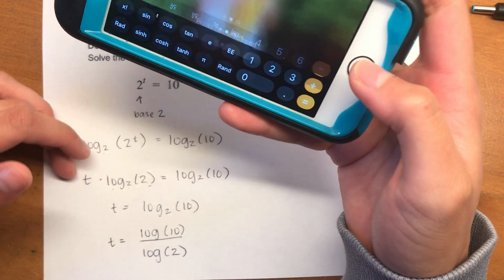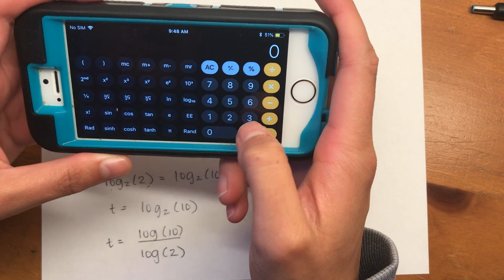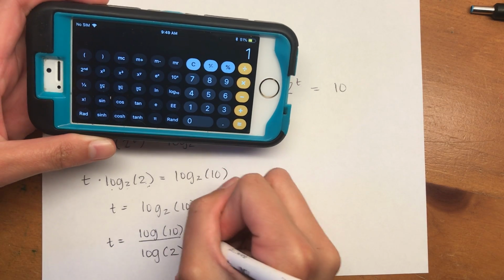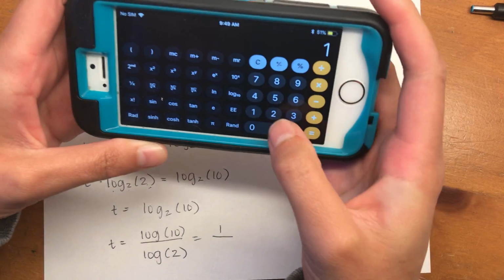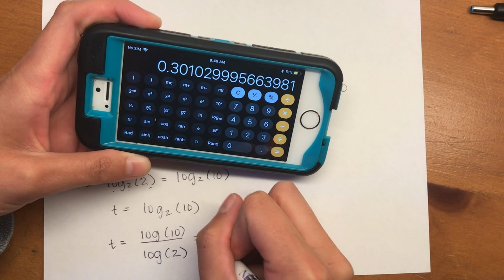So what we do on our calculator then is we would do 10 log is 1, we already did that, and then we would do 2 log, which is 0.3010.